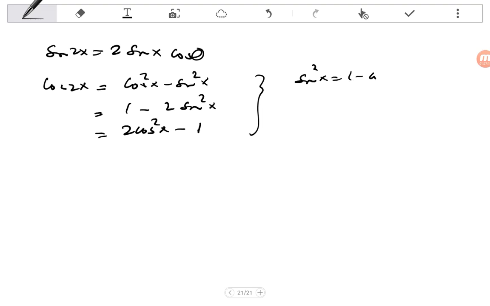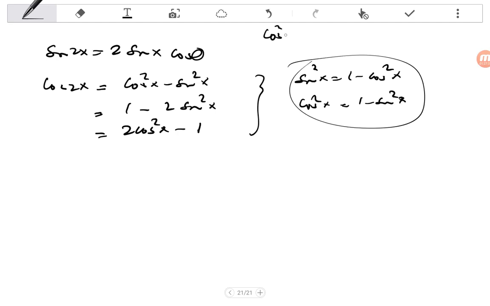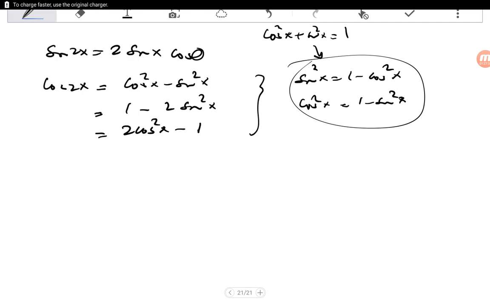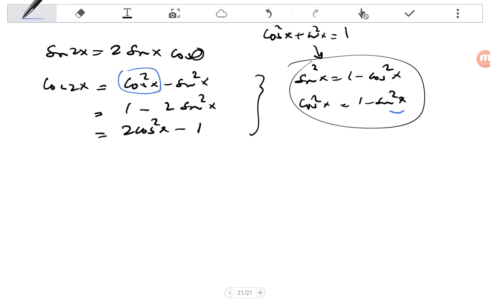sine squared is equal to 1 minus cosine squared, and cosine squared is equal to 1 minus sine squared. These two relations come from the main rule, which is cosine squared plus sine squared equals 1. So if I replace that cosine squared with 1 minus sine squared, I will just get that expression.